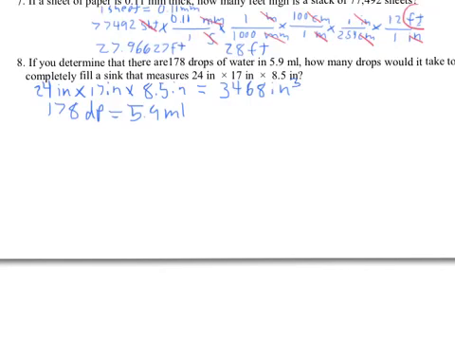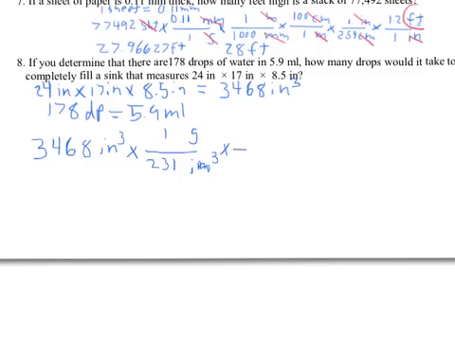Let's get going here. I'm going to start off with what I know: 3,468 cubic inches. I don't want cubic inches, so I put them in the basement. The one thing I can turn cubic inches into, I believe, is gallons, and I believe the conversion is 1 gallon equals 231 cubic inches.